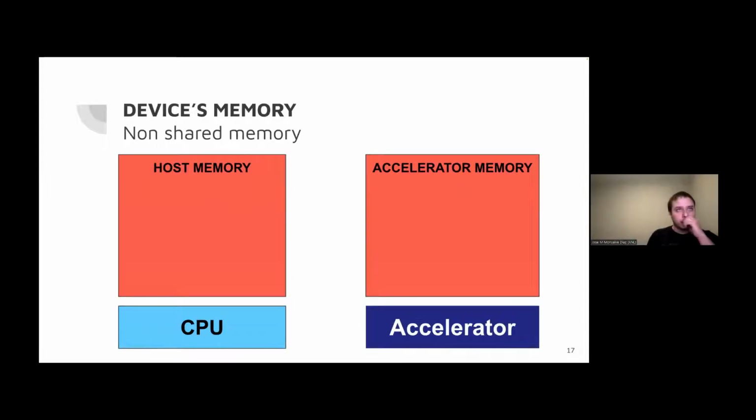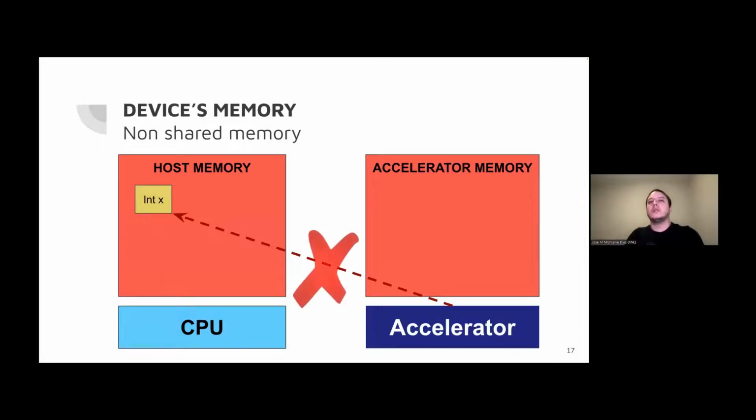So what is important to notice is that by default, GPU and CPU memory locations are going to be completely independent from each other. In the host memory, I may have a variable int x, and I may be able to access that variable int x from the CPU. But if I try to access that variable int x from the accelerator, by default, if I am not using shared memory, it will not allow me to do so.